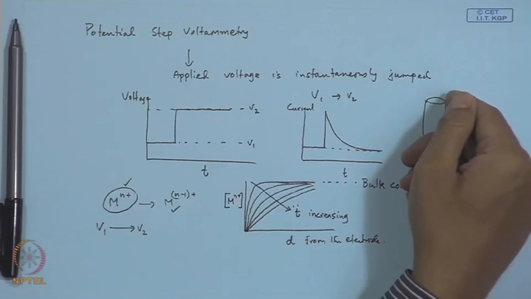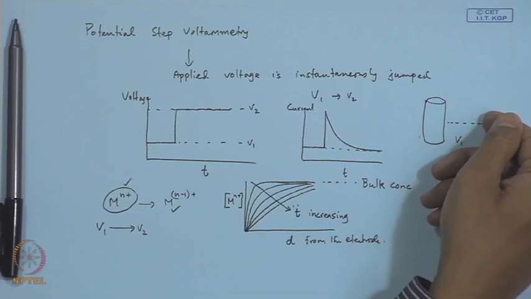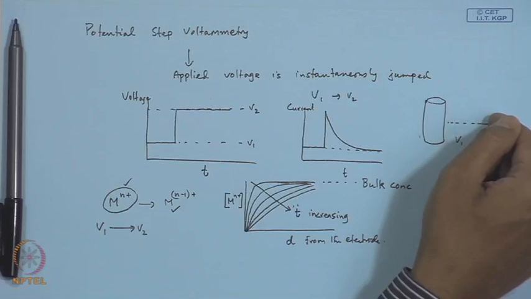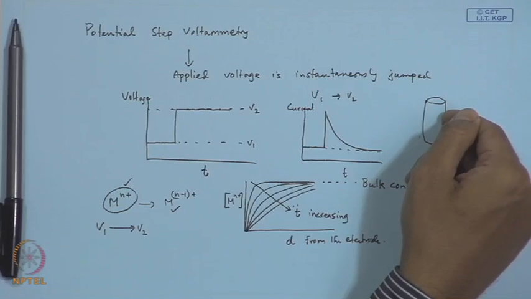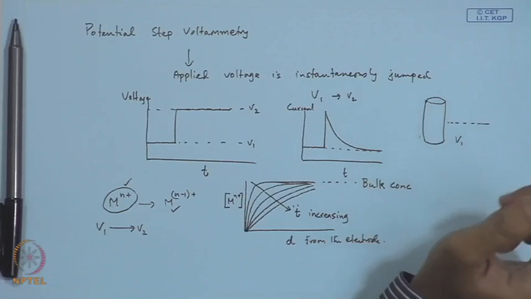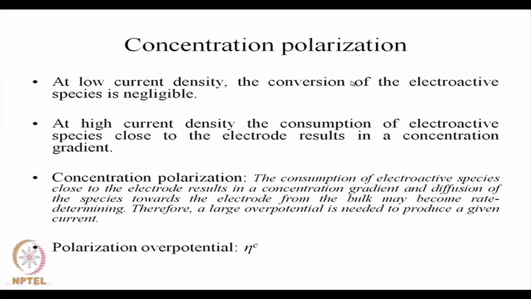At shorter time this concentration gradient was large, but as you give more time, diffusion occurs, as a result of which this concentration gradient decreases with time. So, this happens with potential step voltammetry.